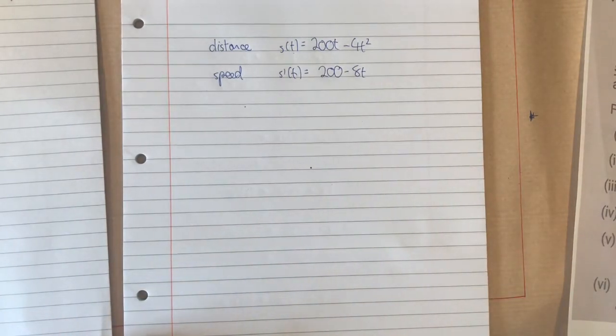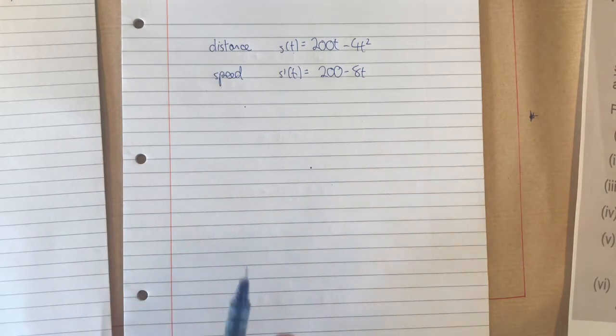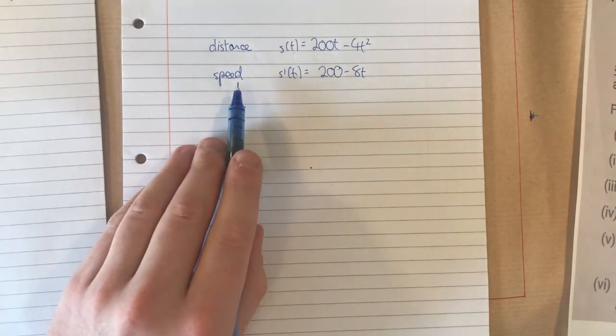Now, I want to know the time at which the plane comes to rest. So when it comes to rest, what speed is it doing? If something is at rest, what's its speed? Yes. When an object is at rest, its speed is 0. So we want to know, when does the speed become 0?